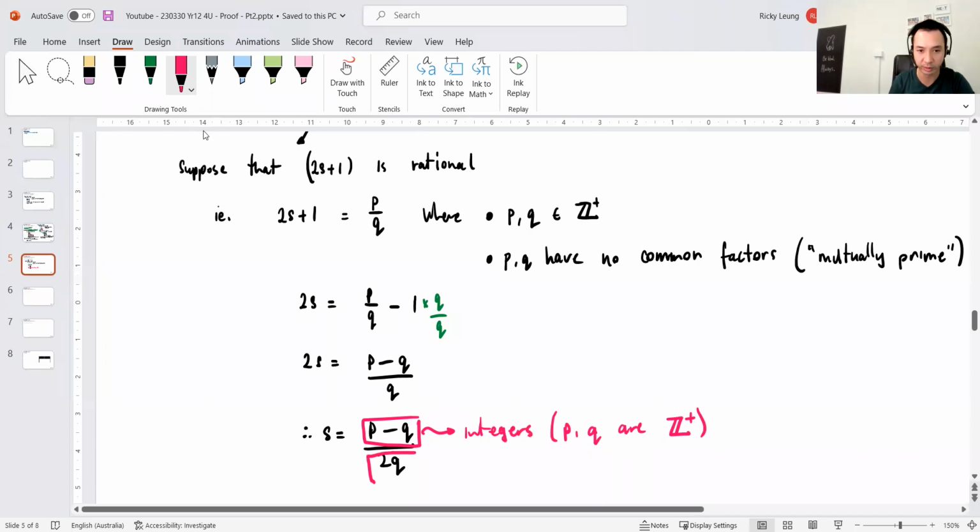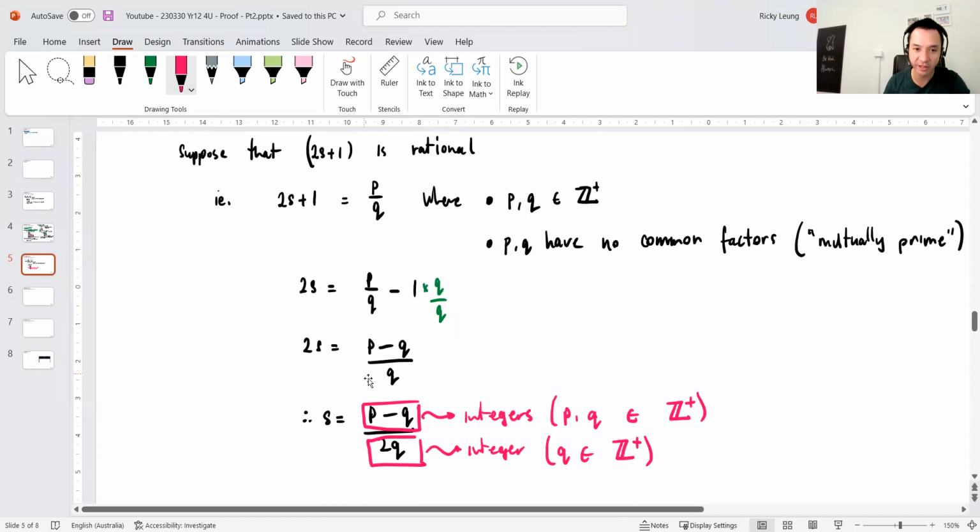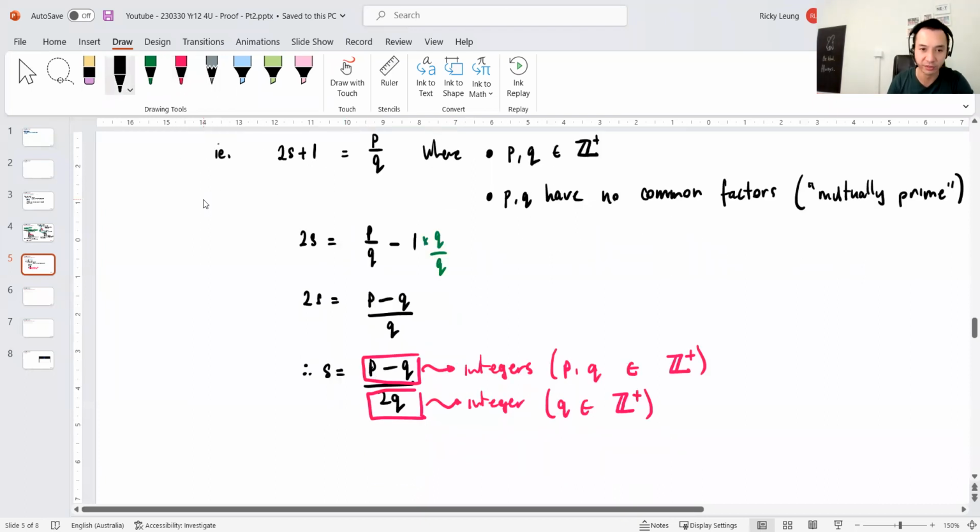And the same with the bottom one here, that must be an integer because Q is an integer. And therefore, if it's an integer divided by an integer, then S must be rational. Therefore, contradiction.